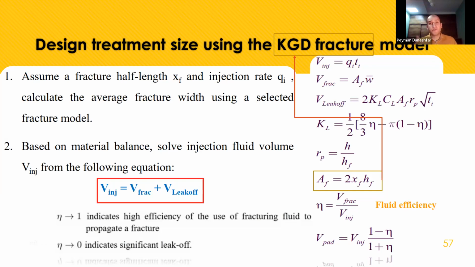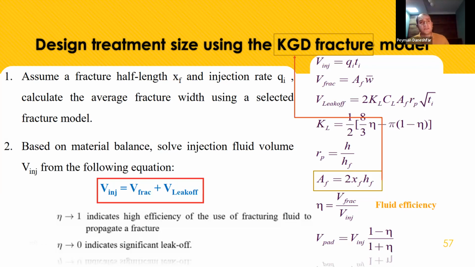We can find the fracture leak-off volume. If you remember the formula, we can find it with this formula, but it depends on the time. Because of this time, we should iterate a numerical procedure that I will explain in the next slides.